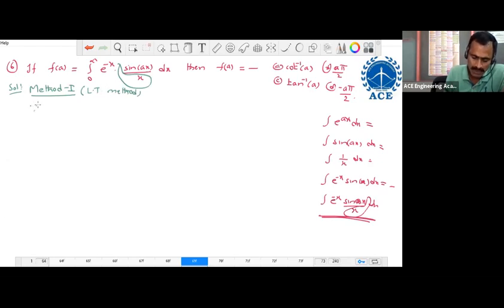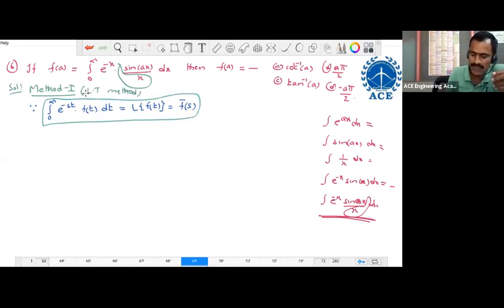Since the integral from 0 to infinity of e power minus st into f of t dt equals L of f of t, this definite integral is the Laplace transform of the function f of t, equal to f bar of s. The input function is f of t, the output function is a function of s, f bar of s. This is the standard Laplace transform of this function.